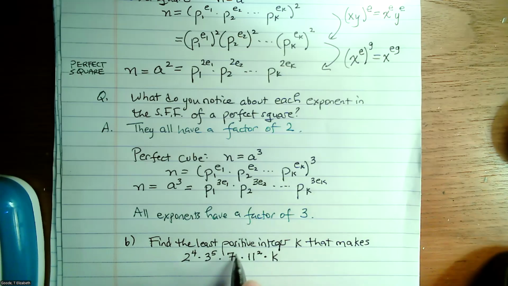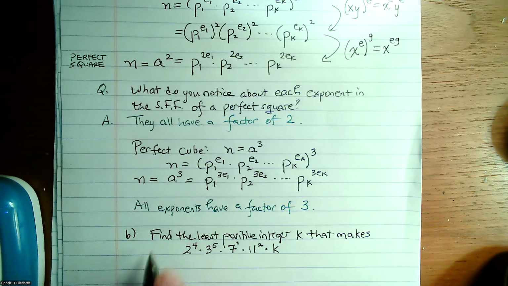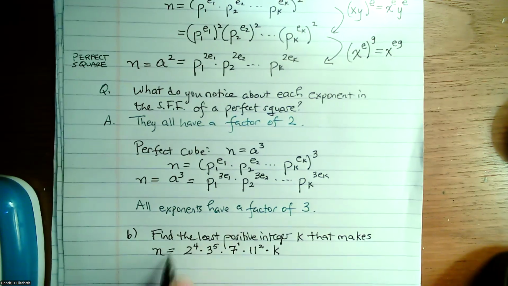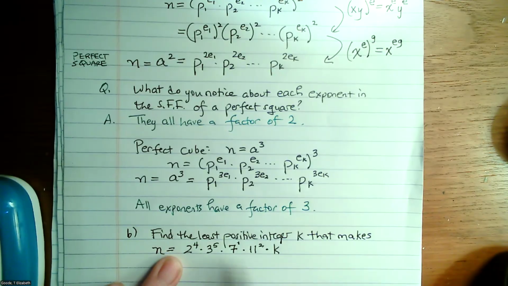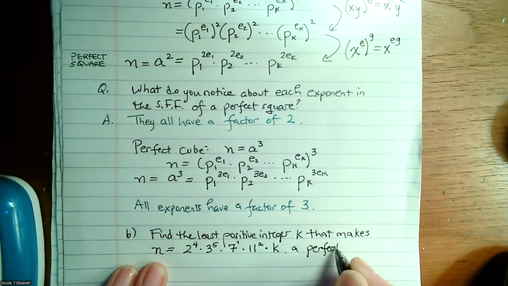That makes this, and of course, what is the exponent on the 7, even though we don't write it? 1. Great. So this is our n, okay? And we want to make this expression a perfect cube.